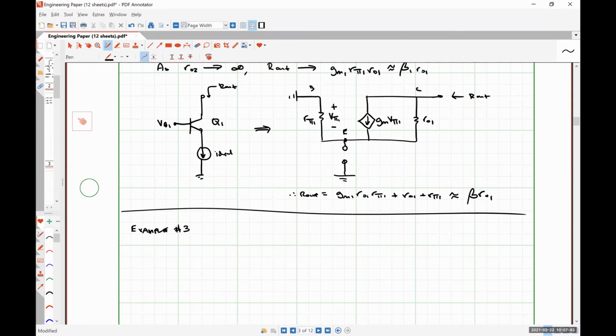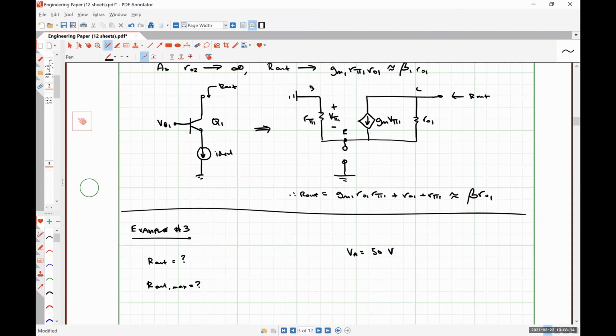So first, let's see how the R out that we have right now compares to the maximum value, and then repeat the exact same thing for VA equal to 50 volts. So we scaled up our early voltage by a factor of 10. So we have a better process to produce these guys, right?